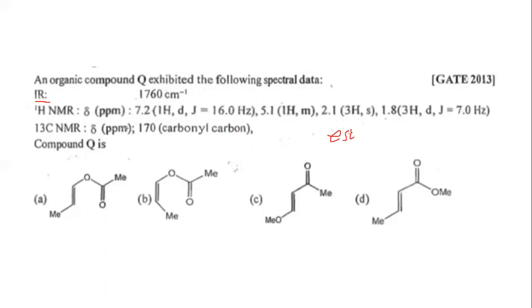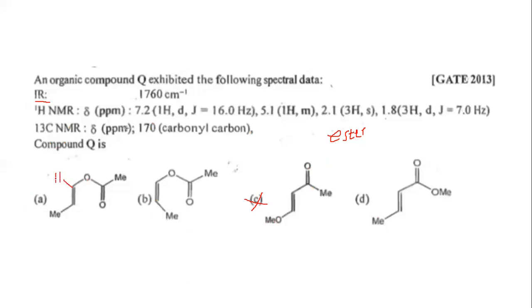So this is an ester functional group. Of the alternatives A, B, C, and D, C is a ketone, so this can be ruled out based on the IR value. And we have A, B, and D. Let's look into the proton NMR, and let us label the hydrogens over here.